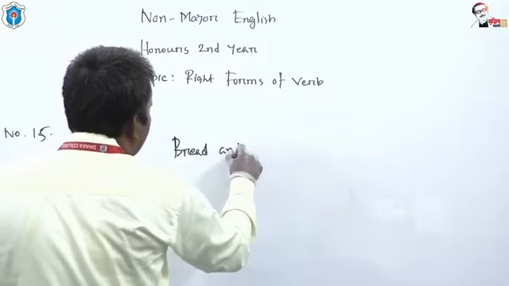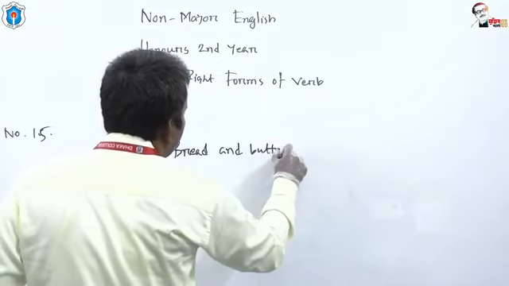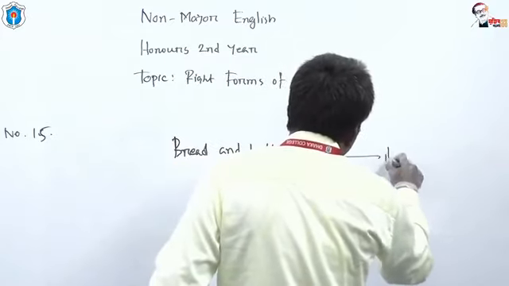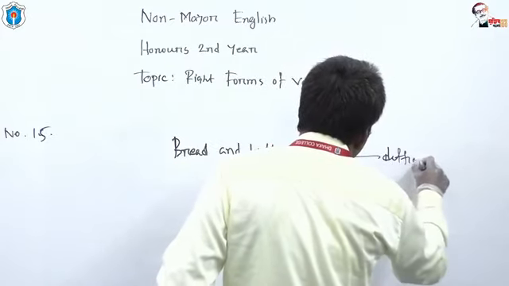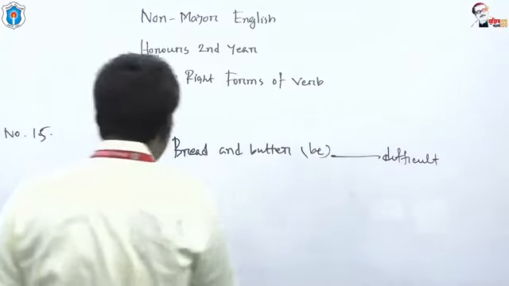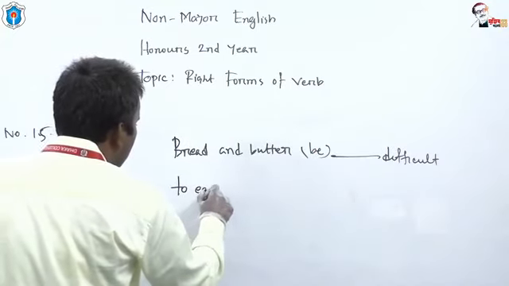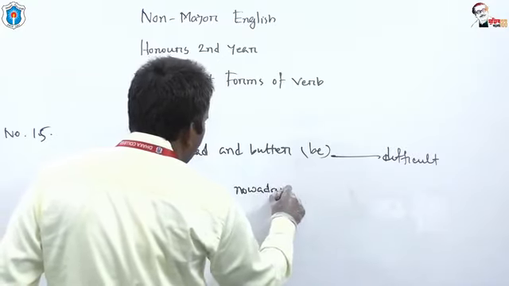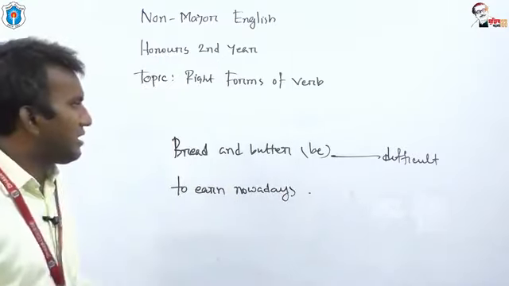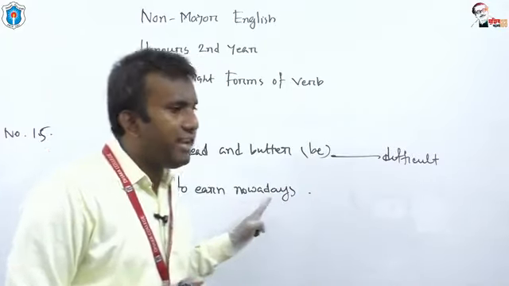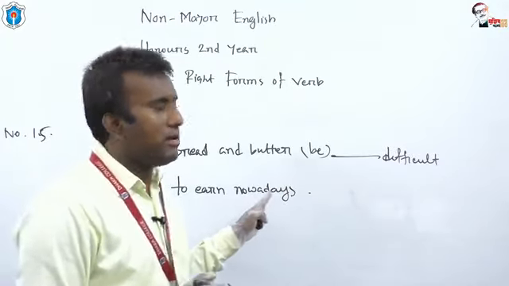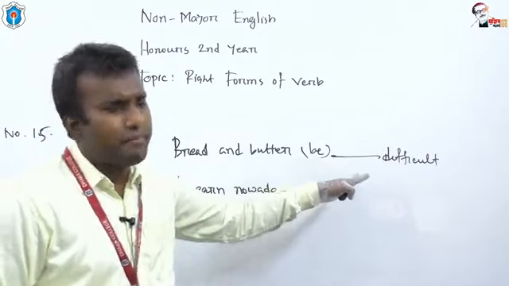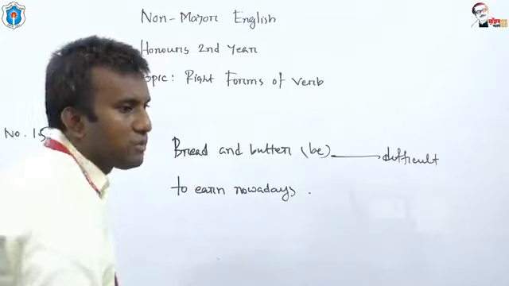Bread and butter, in the bracket B, difficult to earn nowadays. What should be the answer? Bread and butter, in the bracket we have am, is, are, difficult to earn nowadays. What should be the answer?